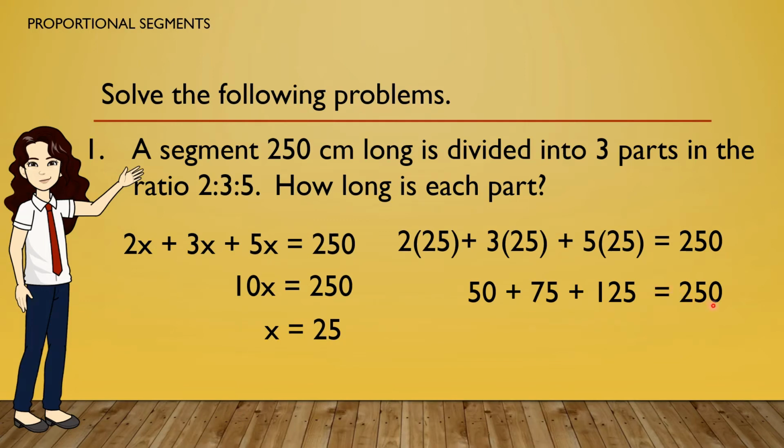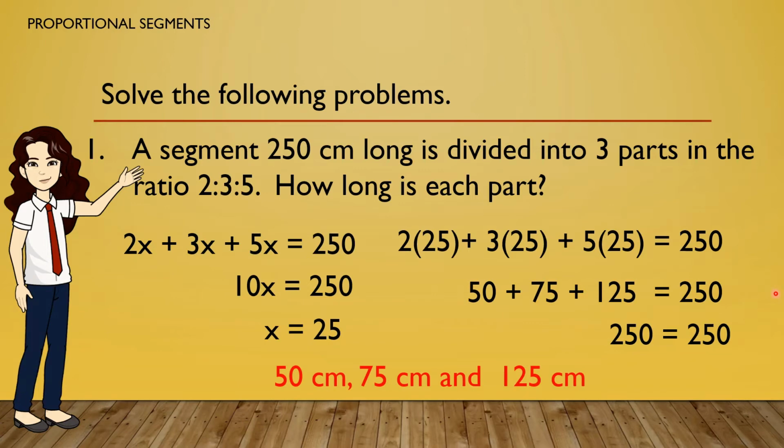Then you are going to add 50 plus 75 plus 125 is 250, which is equal to 250. So the question is, how long is each part? The answers are 50 centimeters, 75 centimeters, and 125 centimeters, for the total of 250 centimeters long.